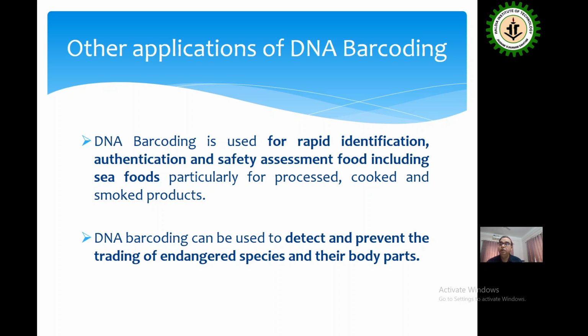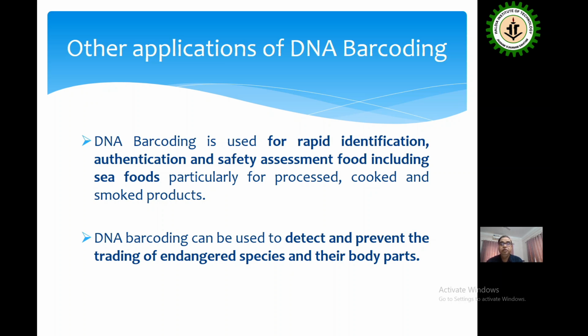In fact, one study has shown that in Canada alone, 40% of the fish species that is offered in the restaurant are not the same species which are claimed in the menu chart. So nowadays it is routinely used for seafood and other food identification and authentication.